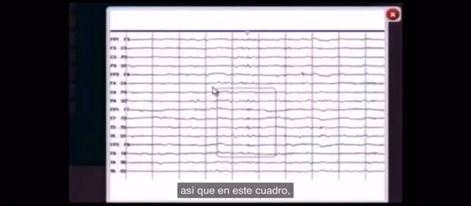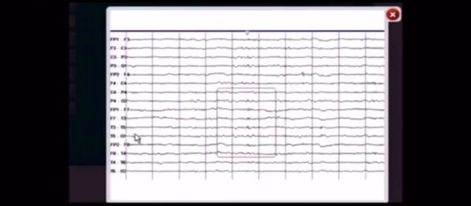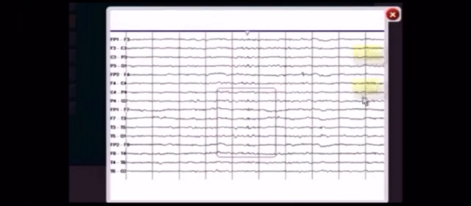So in this box, first, what's the state of the patient? You do not see an occipital dominant alpha rhythm. You start seeing some sleep spindles here, so this is possibly stage 2 sleep. But what you see here, these are called small sharp spikes, which is a benign variant and does not constitute a higher risk for epilepsy.